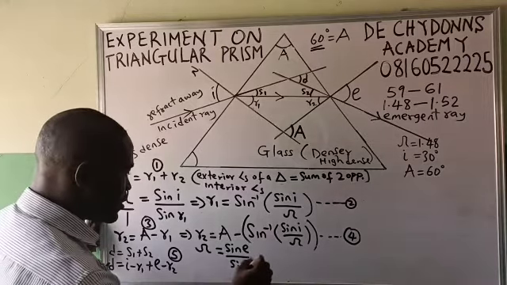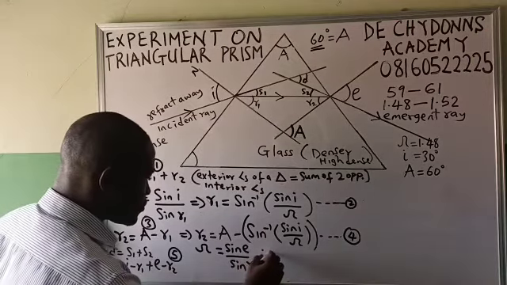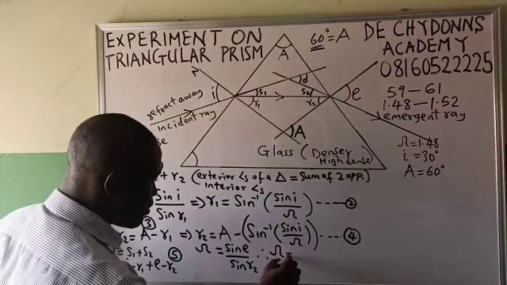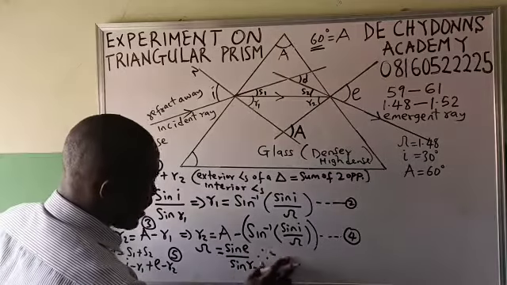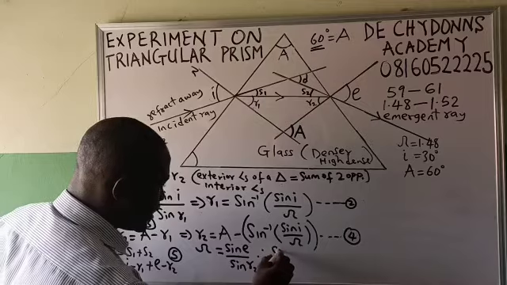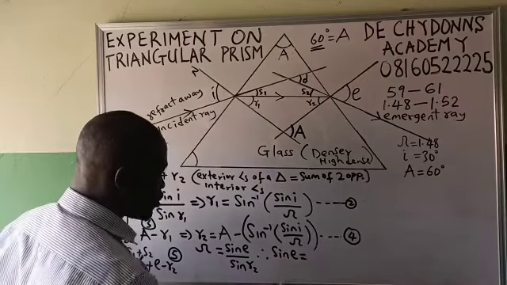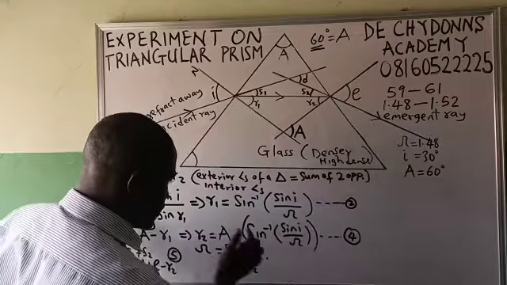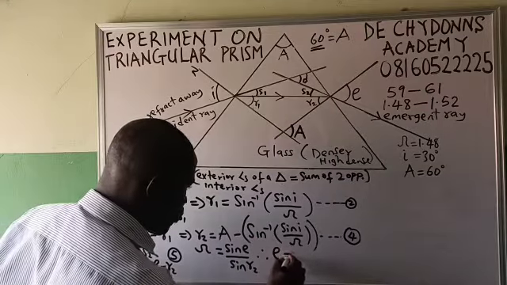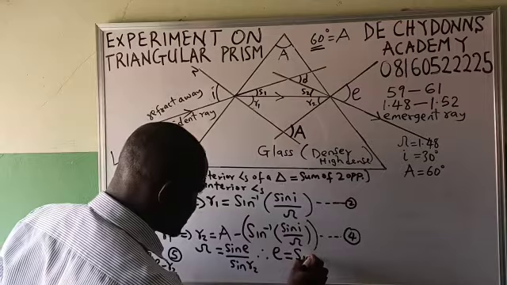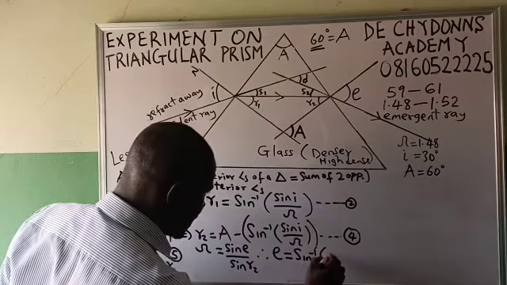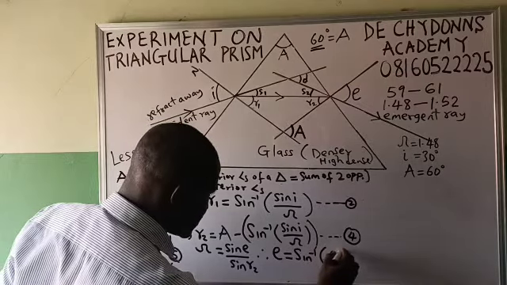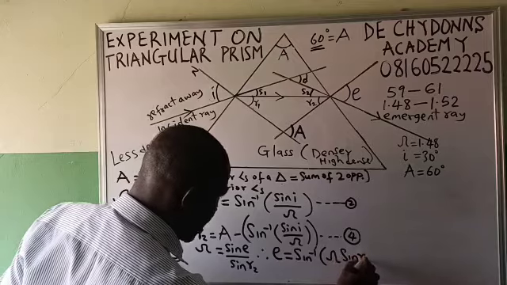Therefore sine E will be equal to refractive index times sine R2. Therefore E will be equal to sine inverse of the bracket, refractive index times sine R2.